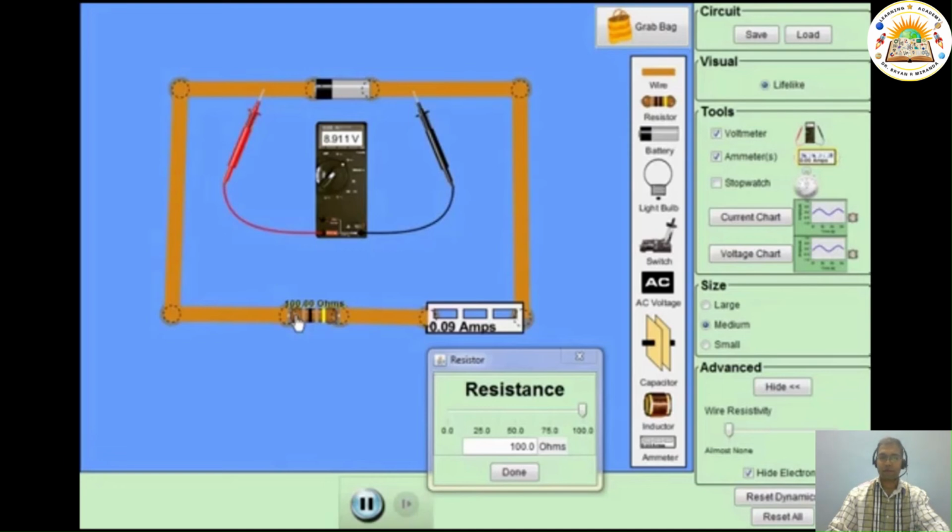This is something that we are going to do manually. So now let us decrease the resistance and see what happens to the potential difference. Let us begin. From 100 ohms, I will slowly start decreasing. You can see that there's a decrease even in the EMF.